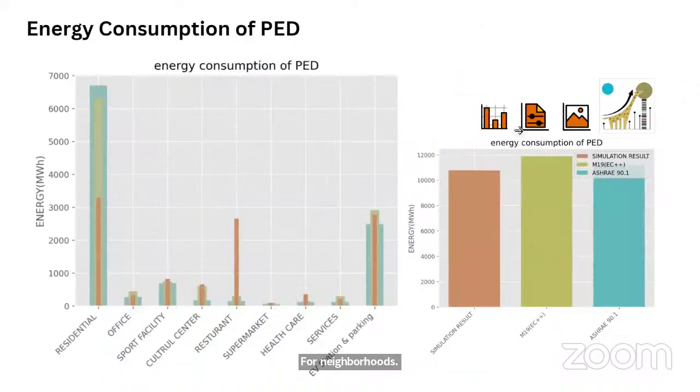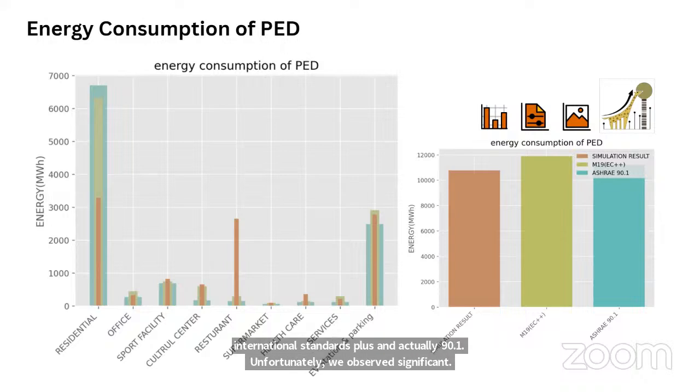And finally, in this section, we analyze the energy consumption of various facilities in the district, simulated and predicted, and also compared them with standards such as Iran's national standards, and ASHRAE 90.1. Fortunately, we observed significant energy saving in this part by employing efficient methods for reducing energy consumption.